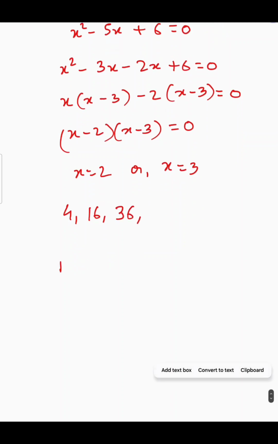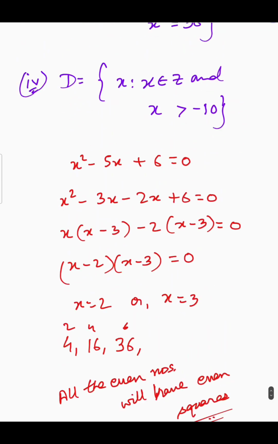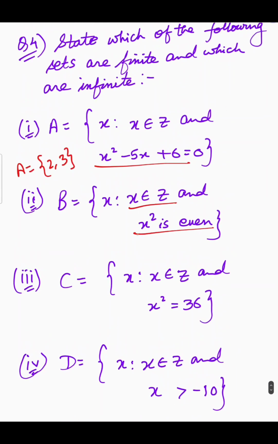All the even numbers, 2, 4, 6, all the even numbers will have even squares, right? So x squared is even, that means it is actually the set of all even numbers.